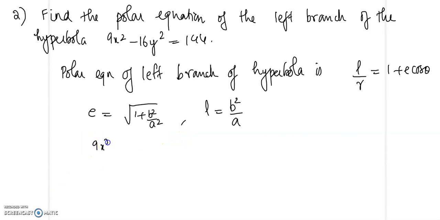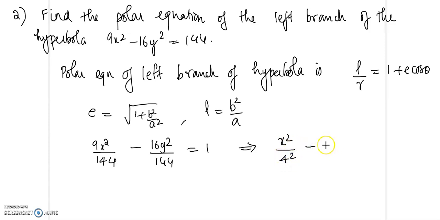Now from the equation of the hyperbola, we have 9x square by 144 minus 16y square by 144 equal to 1. So that will give x square by 4 square minus y square by 3 square equal to 1.